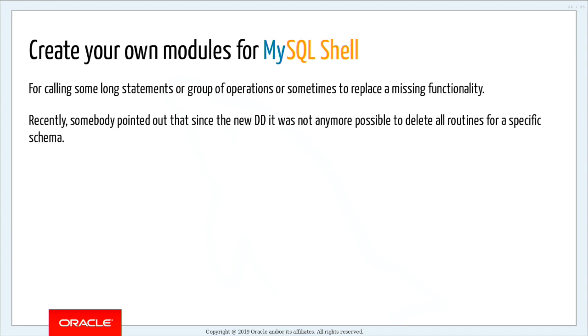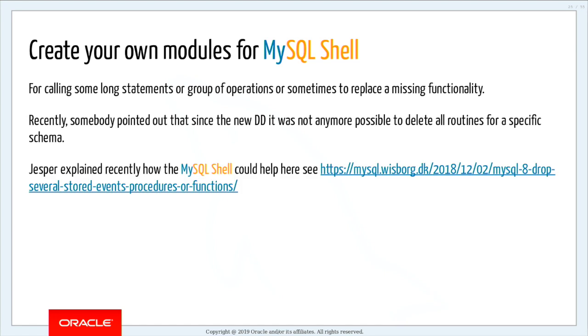So recently, somebody asked me, okay, with the new data dictionary, it was not possible to delete all the routines for a specific schema, because before, these routines were in a table, and I could delete them, even if it was not the best way to do it, but it was possible. Now it is not possible, because all these routines are in the data dictionary, and you can delete them only one by one.